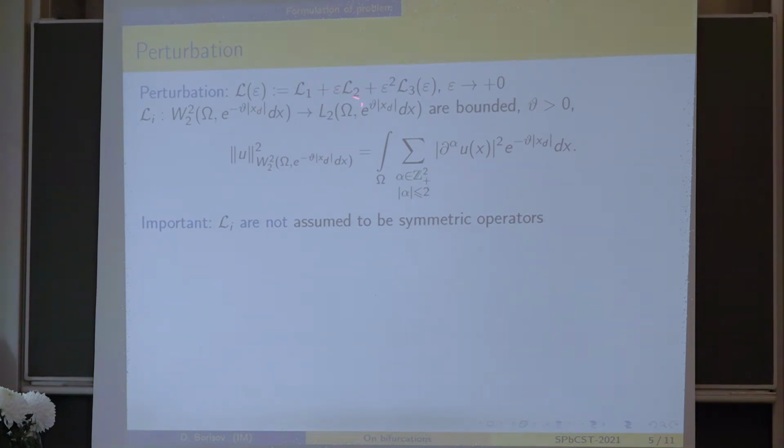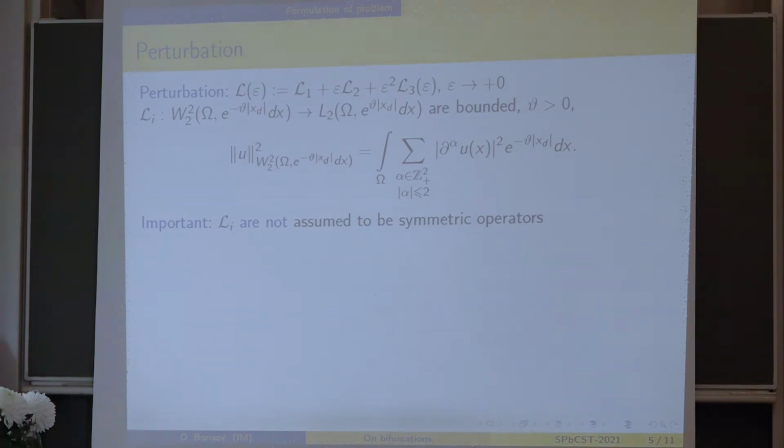And for the functions which live in L2, here I have an exponent with plus. It means that they should decay exponentially. So my idea is that all these L1, L2, L3 should map growing functions into decaying ones. This is how I understand the localization of my perturbation.